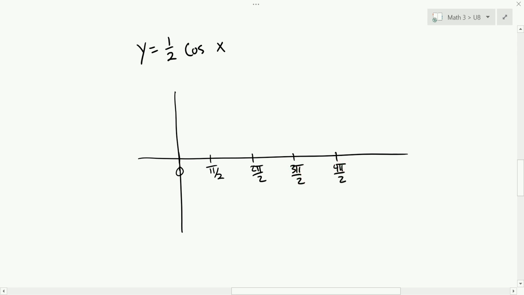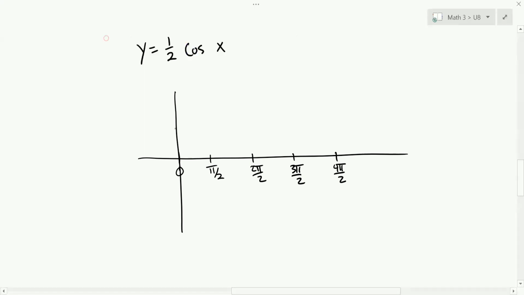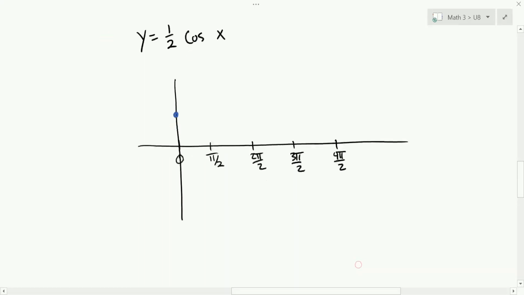And you want to put the 5 key points on. Now, the cosine function starts at its maximum. You got to know that part. Okay, so you start at the maximum, come down to the equilibrium, go to the minimum, come back to the equilibrium, back to the maximum.